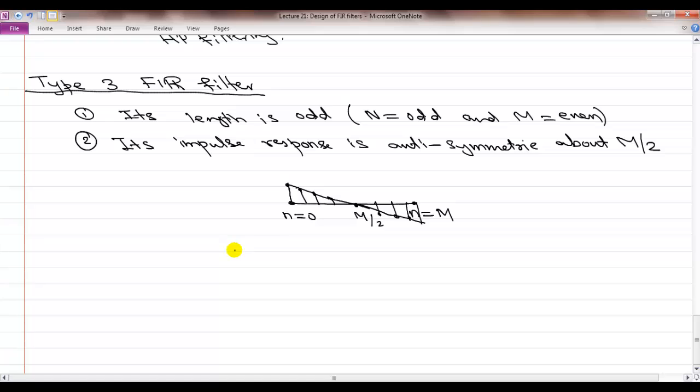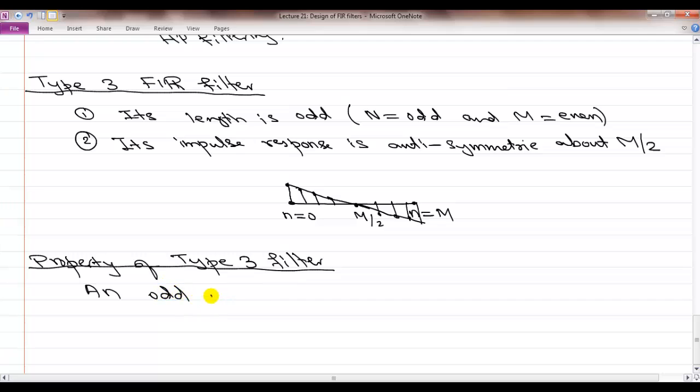So length is odd, but impulse response is anti-symmetric. That's type 3. And the property of type 3 filter is the following. It has an odd number of zeros at z equal to 1 and at z equal to minus 1.